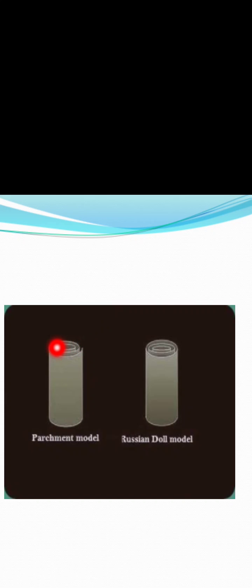The second one is the Russian doll model, which is nothing but one layer inside another one. It is also in a rolled shape. So both have the same shape, but the structure is different.